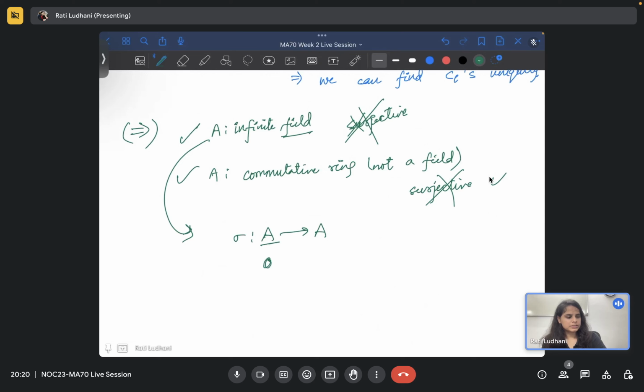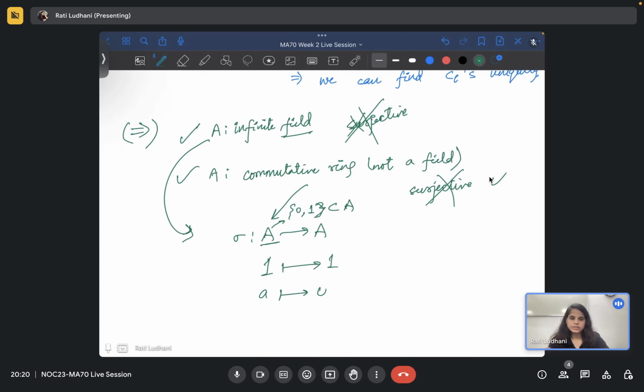So A is a commutative ring which has 0 and 1 at least. Okay, so what you can try: 0 maps to 0, and 1 maps to 1, and all the other elements will map to 0.